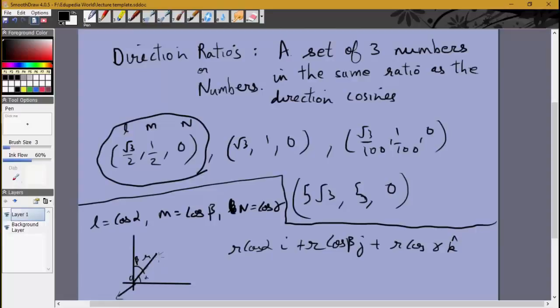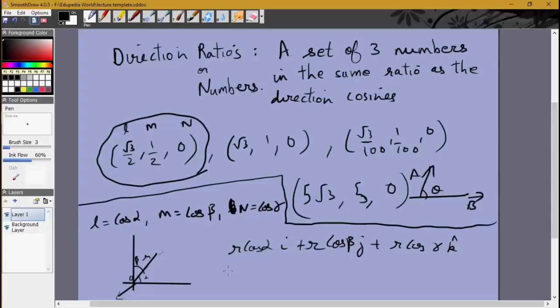For any vector which has the magnitude r, if it makes an angle gamma with the z-axis, then the z component will be r cos gamma. This is something we already know from vectors. If this is a vector a and this is an angle theta and this is a vector b, the component of the vector a in the direction of b is a cos theta, the projection rather.